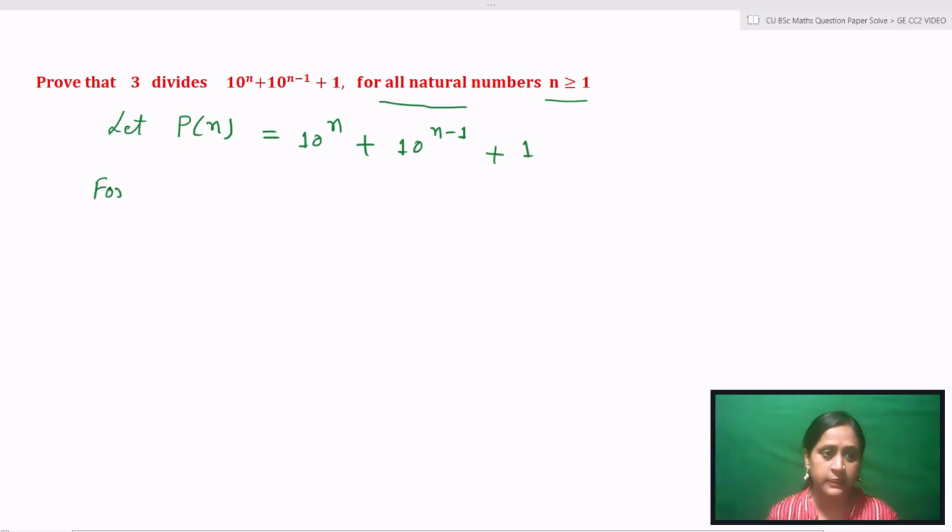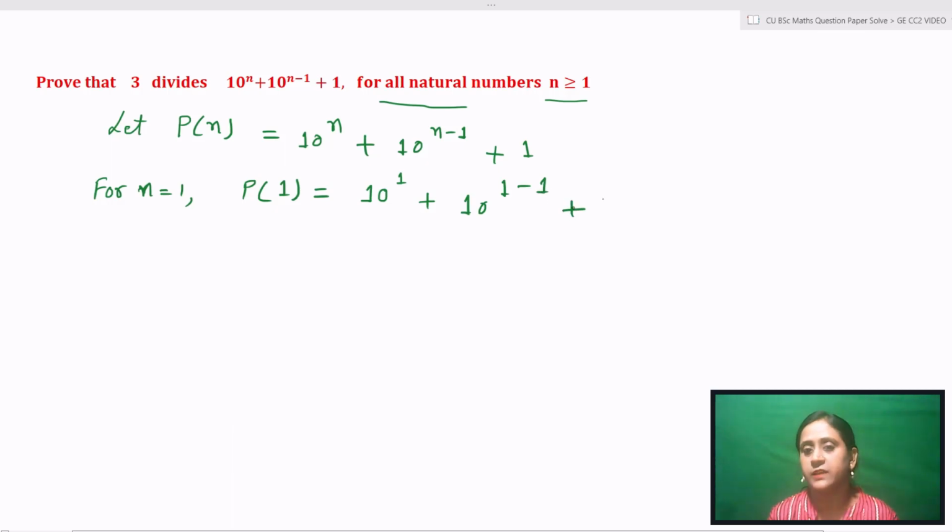For n is equals to 1, P1 is equals to n এর জায়গা 1 বসিয়ে দাও, it will be 10 to the power 1 plus 10 to the power 1 minus 1 plus 1.